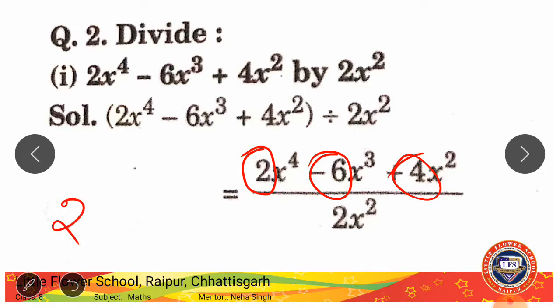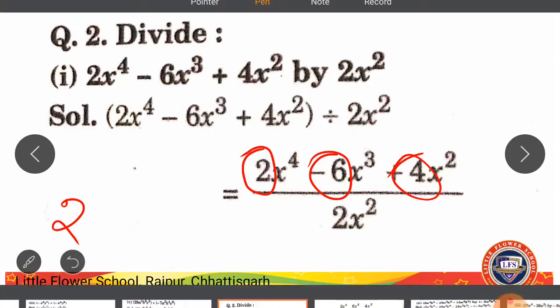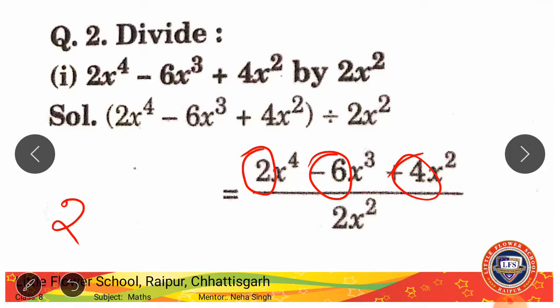Since 2 3s are 6 and 2 2s are 4, 2 1s are 2. So I can take 2 common, and the x term I can take common, the lowest power of x. Here it is 4, here it is 3, here it is 2. So the lowest power is 2, so I'll take 2x square common.